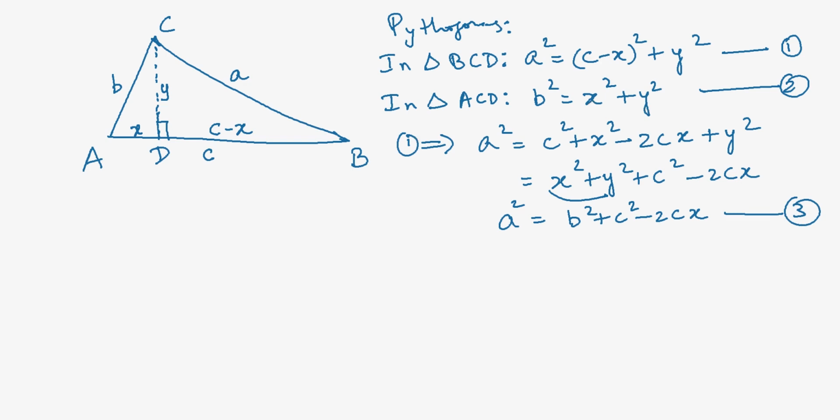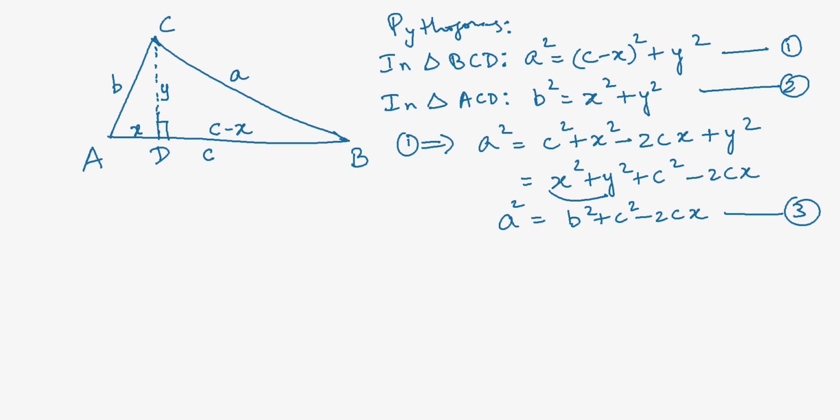So we are trying to extend that knowledge from a right angle triangle to a non-right angle triangle. Using only Pythagoras, we arrived at a revised form of Pythagoras: one side squared is equal to b squared plus c squared minus 2cx. But in a non-right angle triangle, we cannot say that a, b, or c is the hypotenuse.